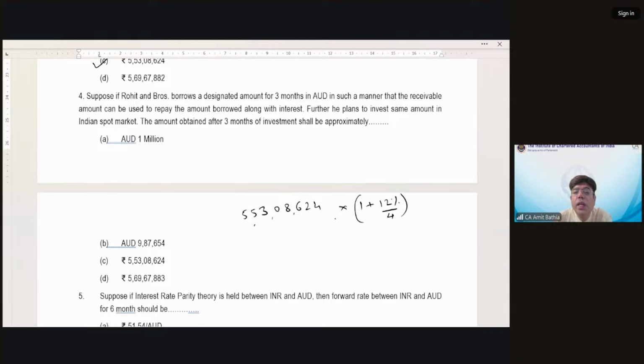So 553 into 1.03, that will come to 569. There is only one option over here available of that, which is D, right? 569,67,883. Okay.